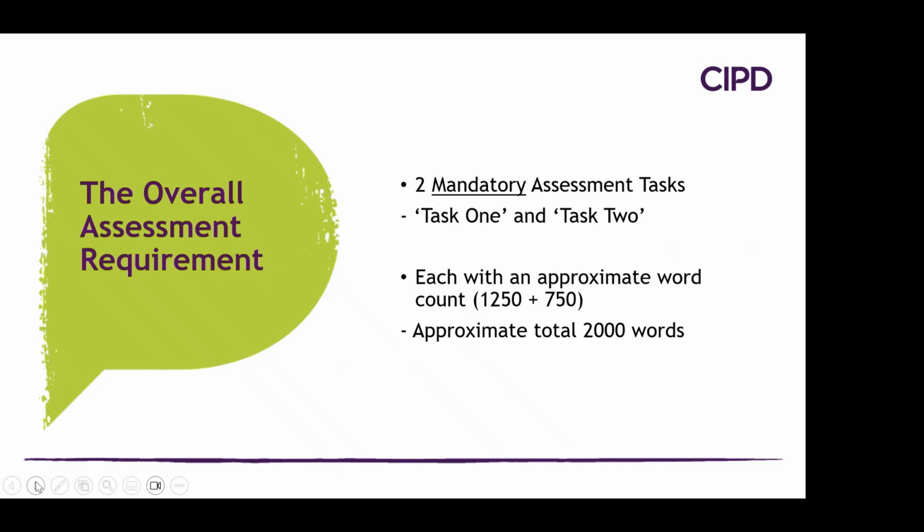So in this case, Task 1 has 1,250 words and Task 2 has 750, giving you an approximate total of 2,000 words. It's not a huge amount, but it has been deemed sufficient to answer this assessment in full. So you just need to think about how you distribute those words within each task. So 2 tasks we have to tackle for this assessment. Next slide, please.